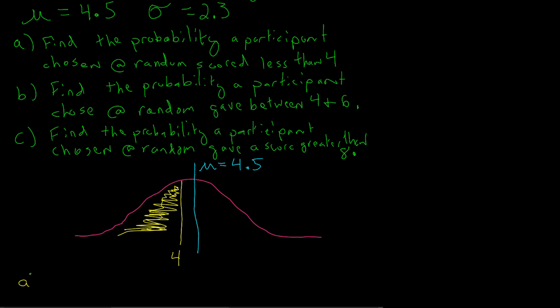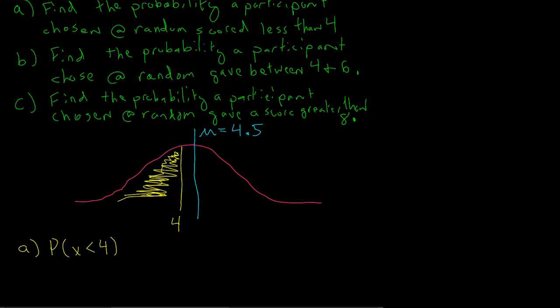So to find the probability that a randomly chosen person scored less than 4, we need to find the probability of having a z-score of 4. Because our z-tables are left-tailed, we want to look up the z of 4. So the z-score is x minus mu over the standard deviation, which equals 4 minus 4.5 over standard deviation of 2.3.